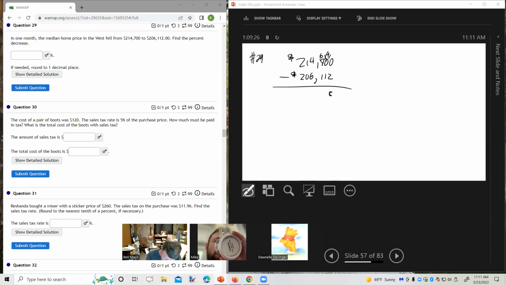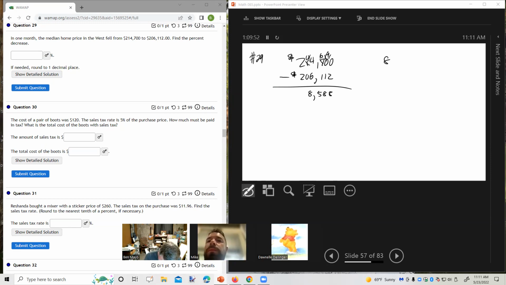So that's what, an 8, and a 5, and an 8. I'm going to double check that on my calculator. Let's see, 214,700 minus 206,112, 8588. Find the percent of decrease.